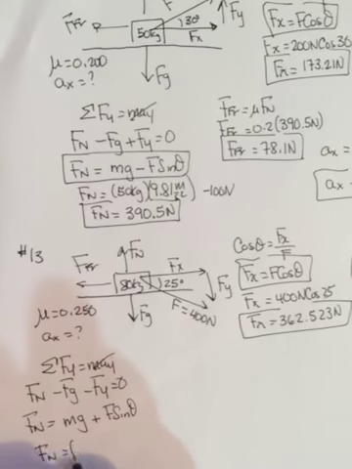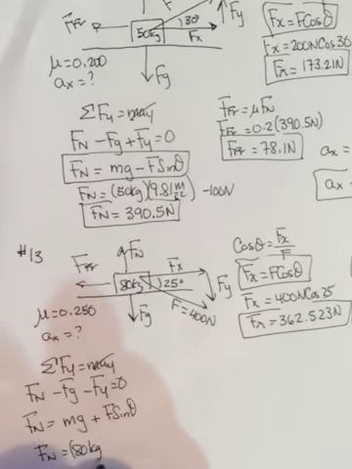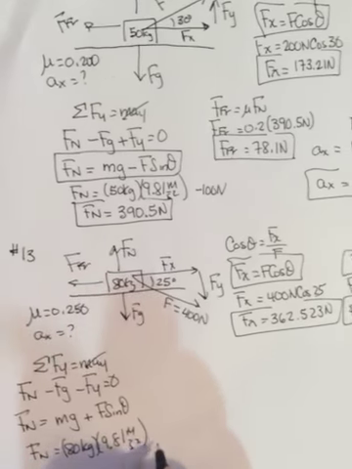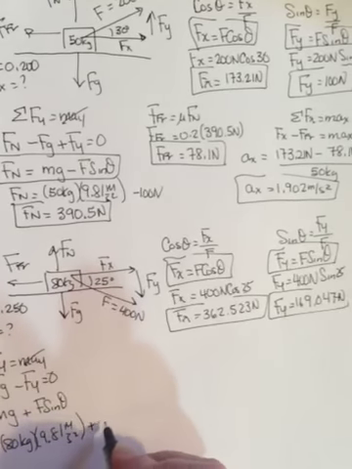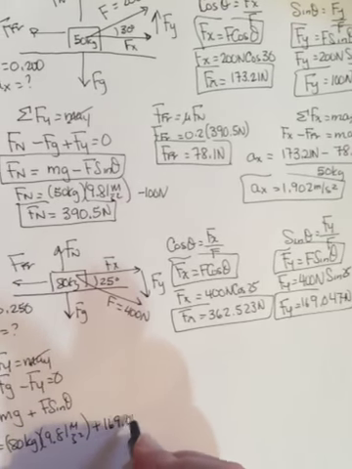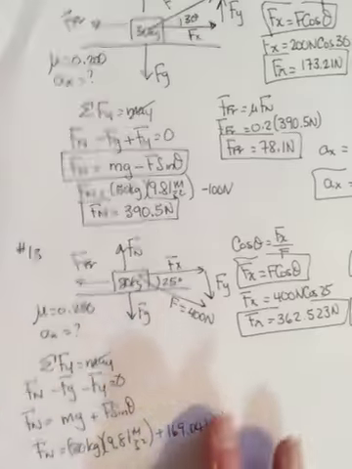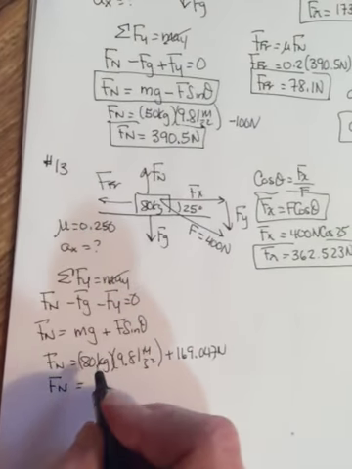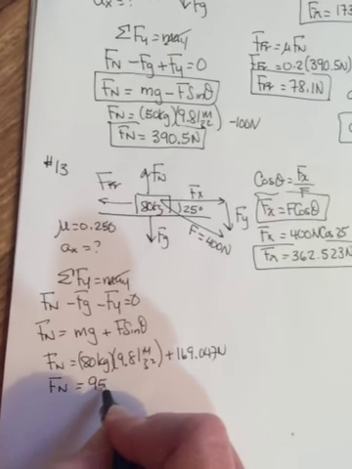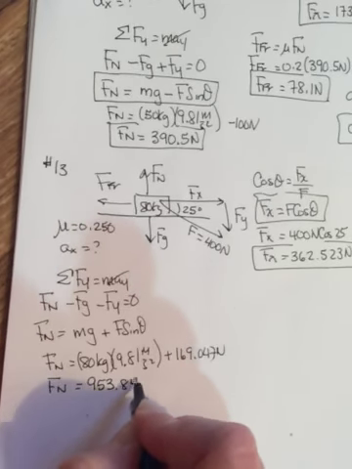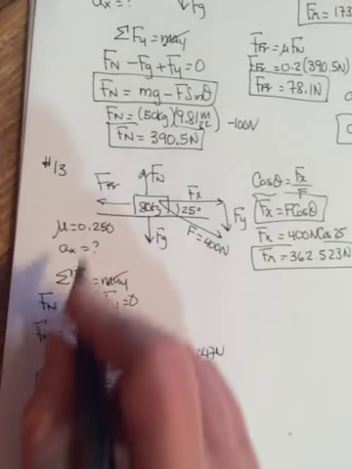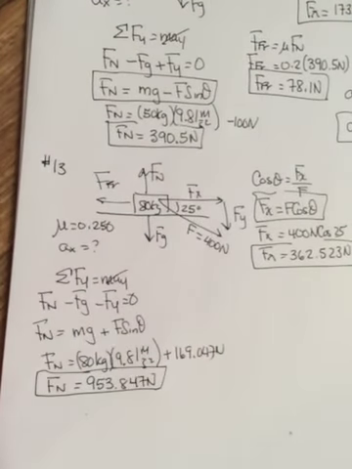If you want to find the value, 80 kilograms times 9.81 meters per second squared, and Fy we had as 169.047 newtons. And it gives you an Fn of 953.847 newtons. Okay, this time you can't find friction because you don't know mu.